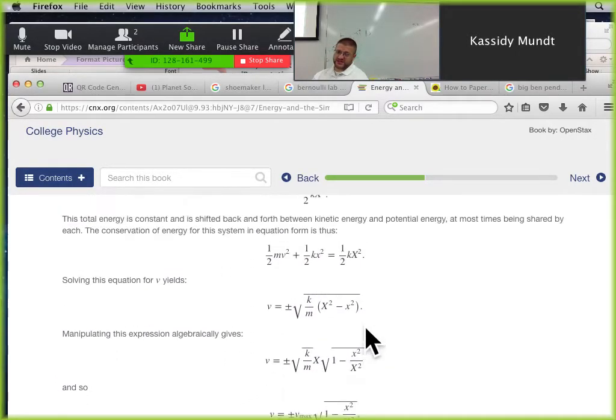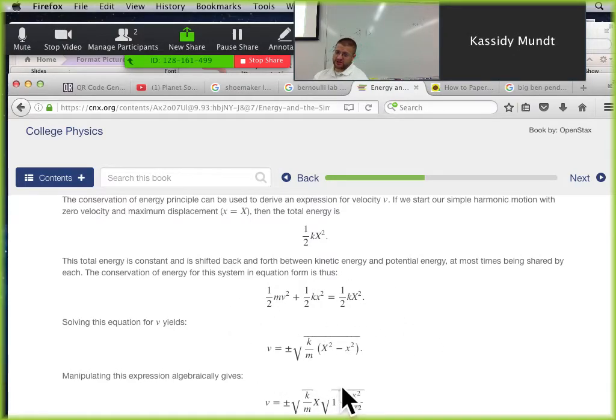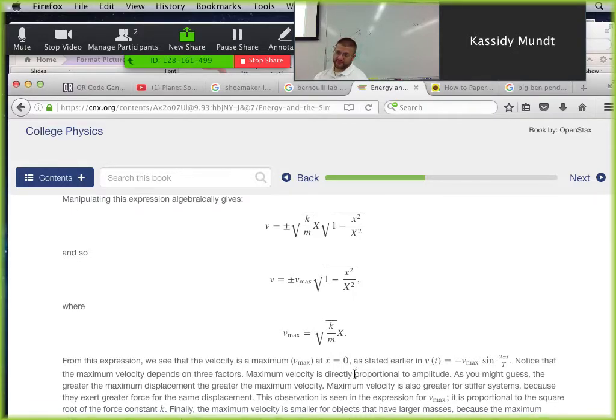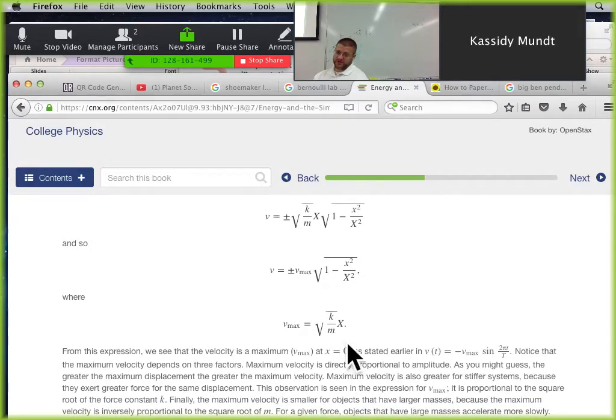The interesting thing is that you can solve this equation for velocity, and you can get the maximum velocity equals the square root of K over m times your maximum displacement. K is the spring constant, right? Yes. Useful equation.